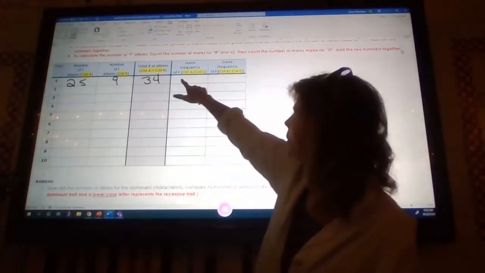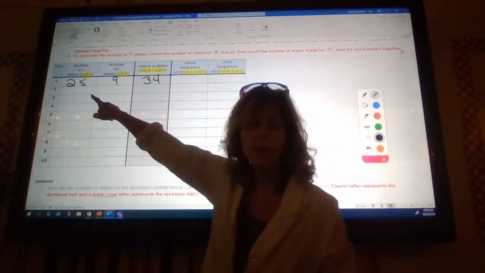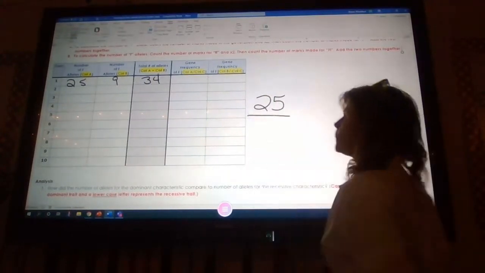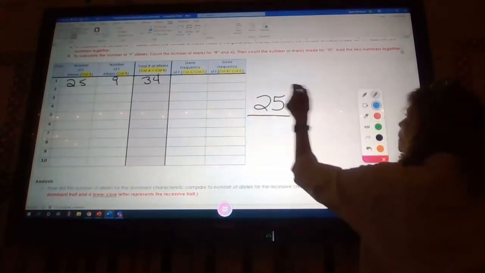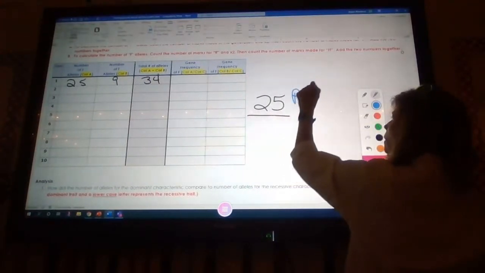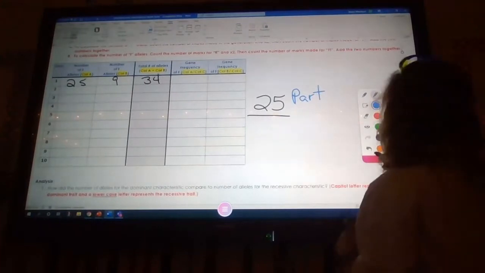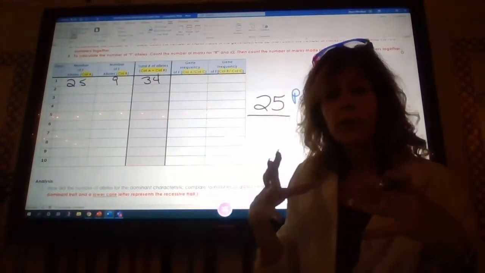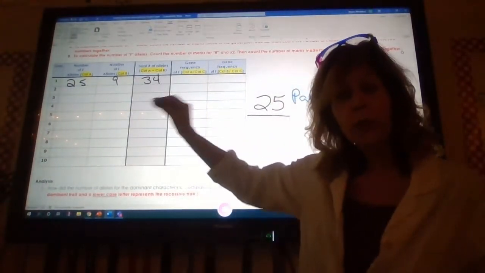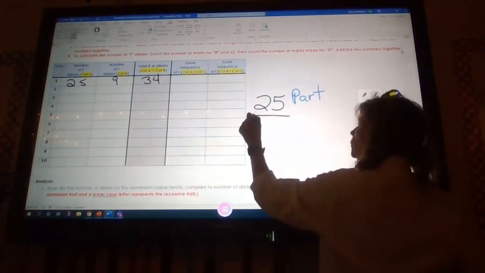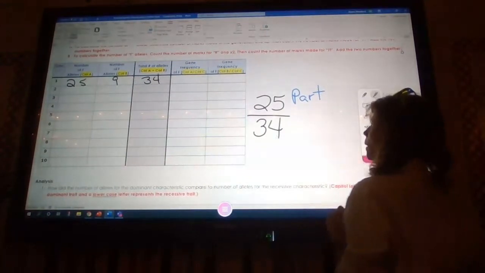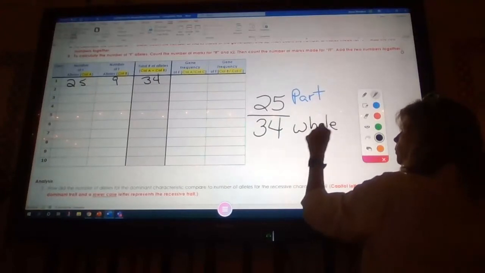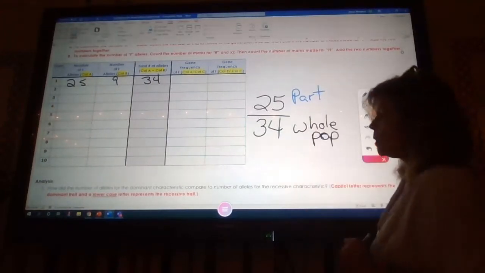Okay, so gene frequency for F is column A. Column A is 25. That's the part of the population with that trait, or the part and the number of alleles. Then I put it over column C, which is my total population. And my total population in generation 1 was 34. Okay? And that's my whole population. All right.